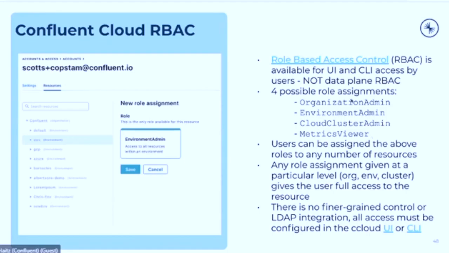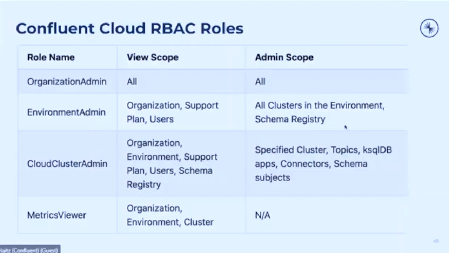Now, if you are assigned one of those roles as a user, you are a super user and have full access to the topics that are underneath. And just as an indication of what is available for the different roles, I think we covered that so far.